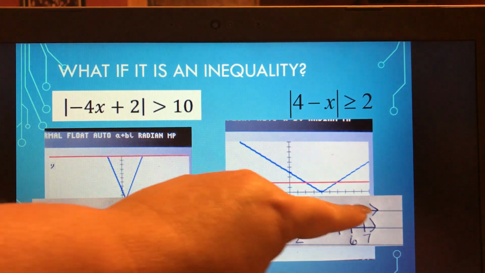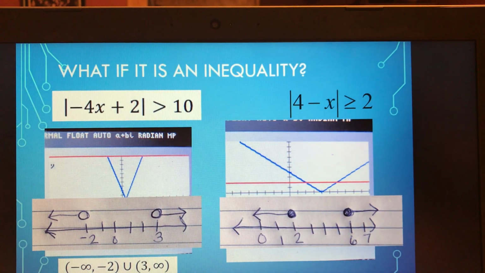Now notice that we have closed circles on these. These are closed because, very good, there is an equal sign there. So we want greater than and equal to.